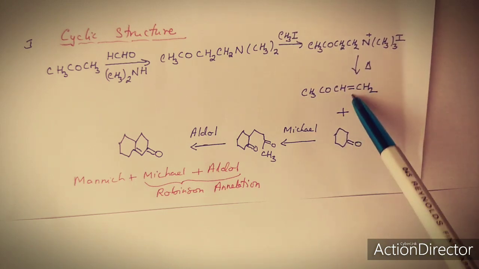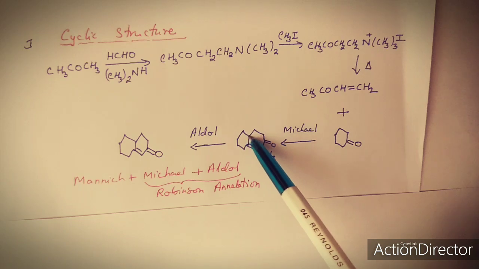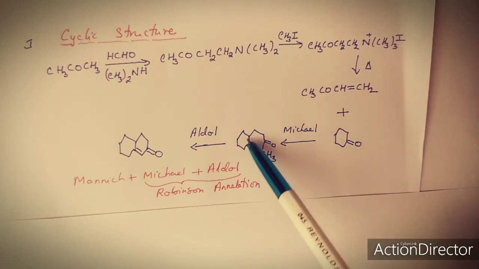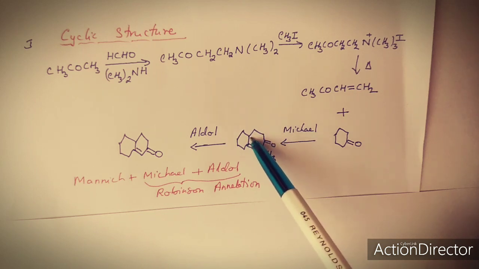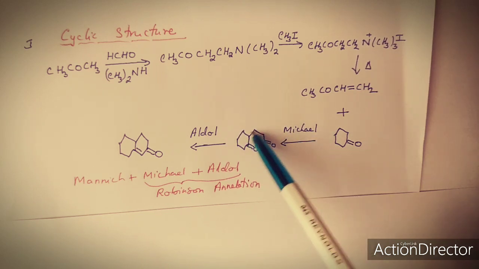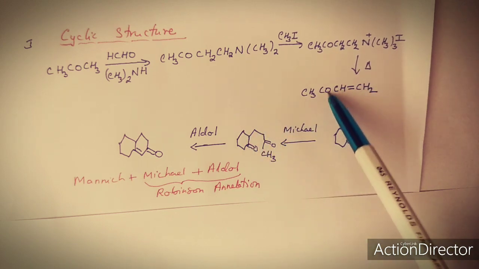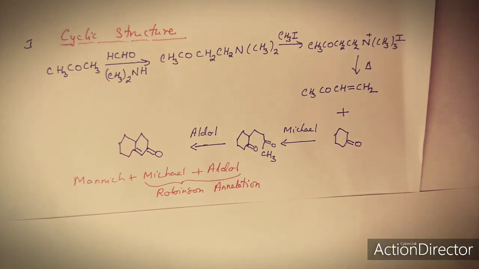One is the Michael donor and the other is the Michael acceptor. So here the H is acidic, so it leaves from here, H positive, so we will get a carbanion, and therefore this will enolize. We've studied the Michael reaction in great detail, and therefore this alpha beta unsaturated ketone is a Michael acceptor, this is a Michael donor, and we get this Michael product.